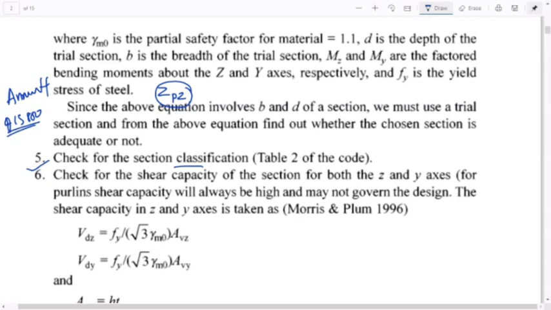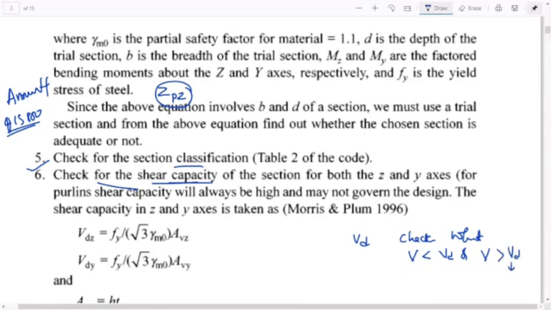And next is checking the shear capacity of the section. So you have selected a section. So now you have to calculate Vd and check whether this V is less than Vd or V is greater than Vd.